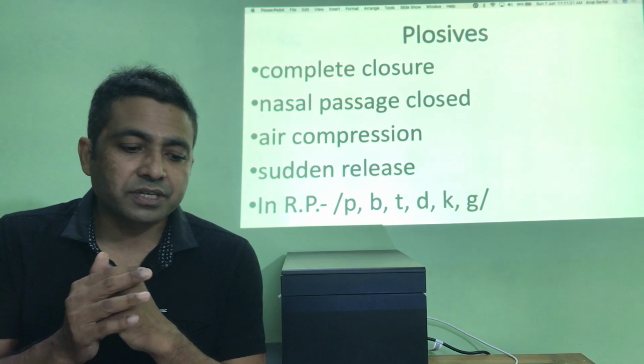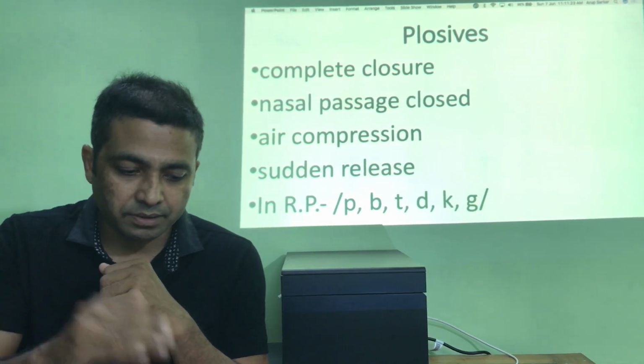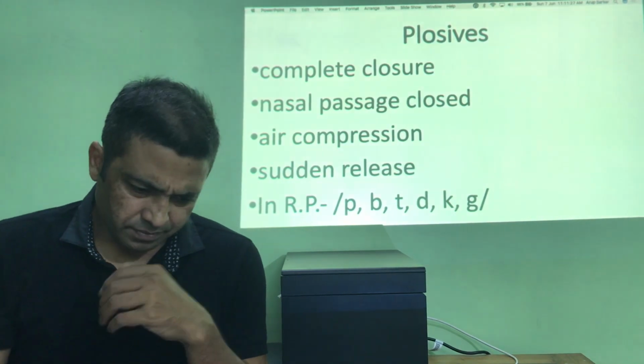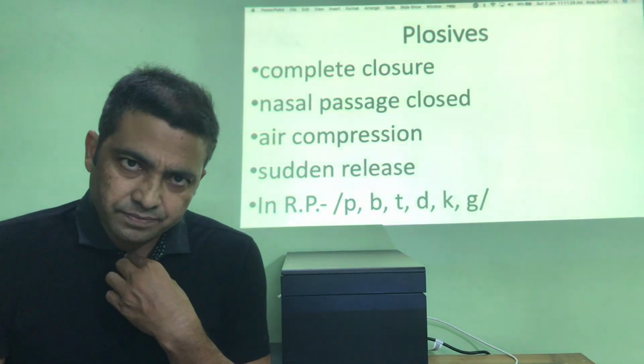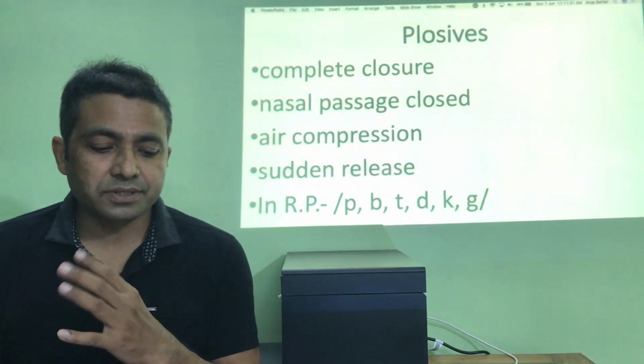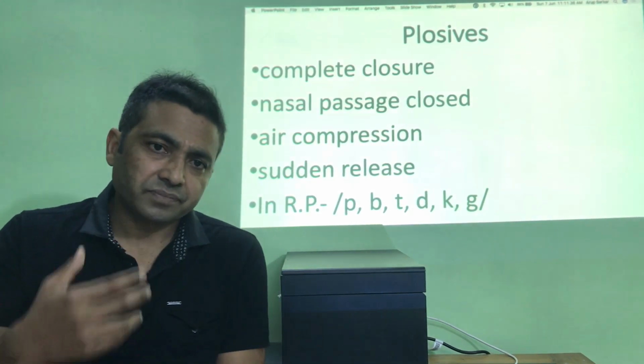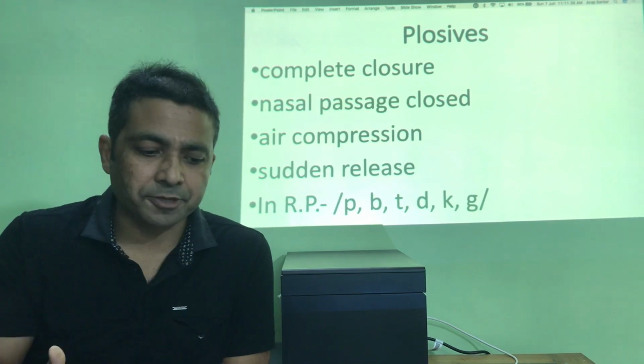During the pronunciation of these sounds mentioned below, p, b, t, d, k, g, these 6 are the plosive consonant sounds. During the production of these sounds, you see what is the manner of obstruction.